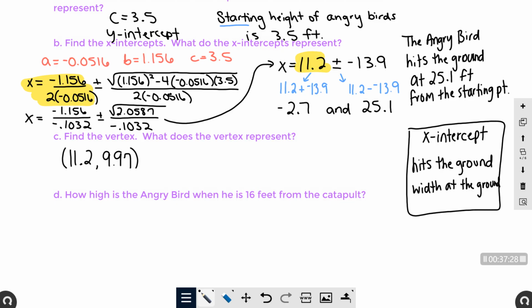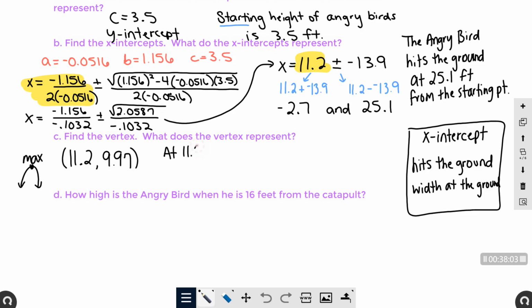So what does the vertex represent? The max or the min. Now in this case, is this graph showing us a max or a min? It's showing us a max because think about the equation. If the a value is negative, how does it open? It opens down, so our vertex would be a max. So let's explain it the same way we explained in the first problem on your sheet. We could say at and talk about the x value.